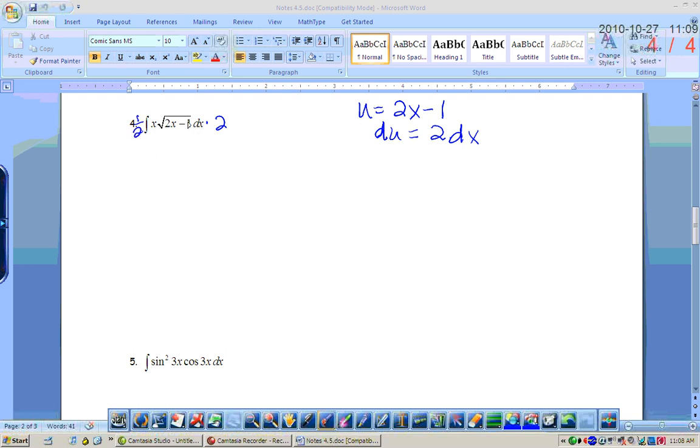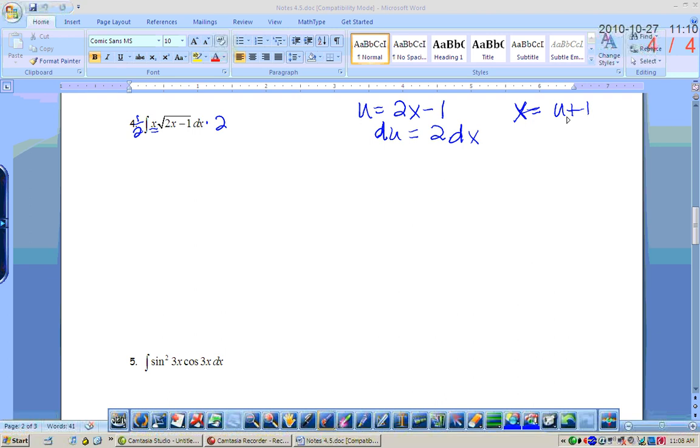Okay, what about the x? That's the big question there. Okay, you cannot pull a variable in or out of an integral. I know, that would make it really easy. If u is 2x minus 1, what would x equal?